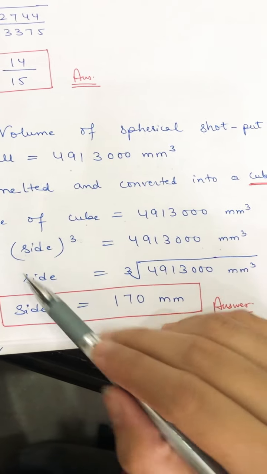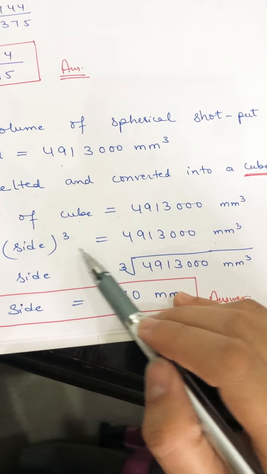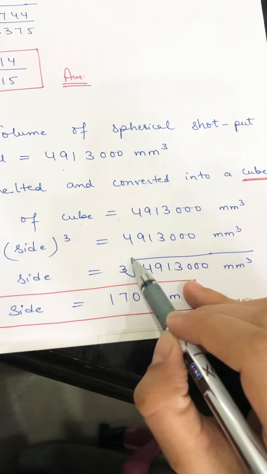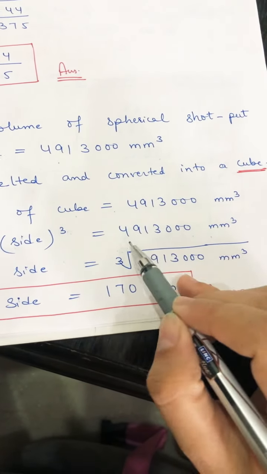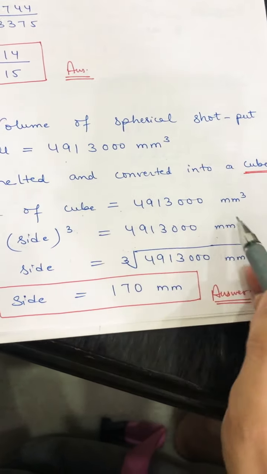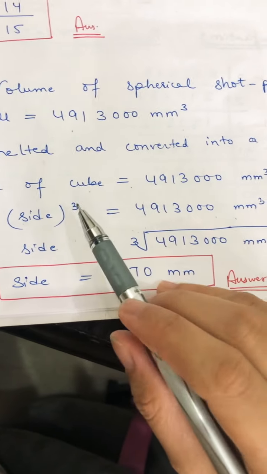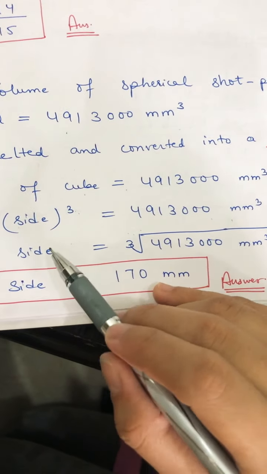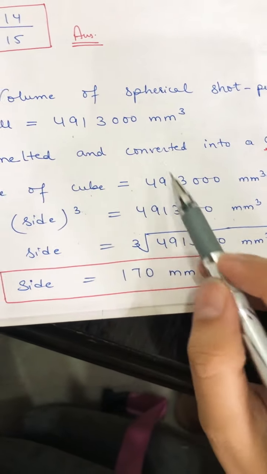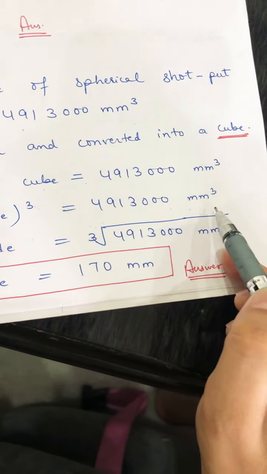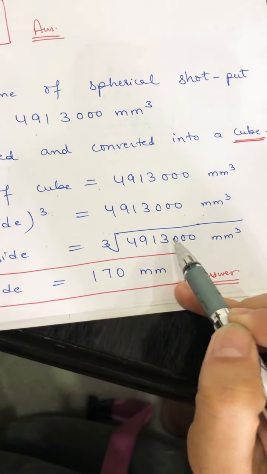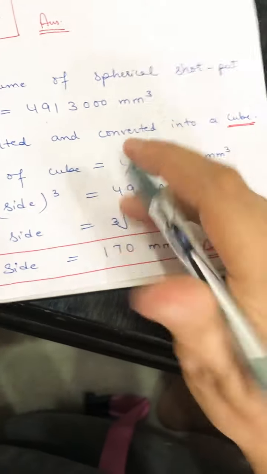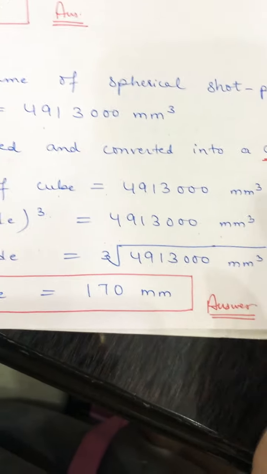Side cube: when this cube goes to the opposite side, it becomes a cube root. Got it? So the cube root of 4913000 millimeter cube is equal to 170 millimeter.